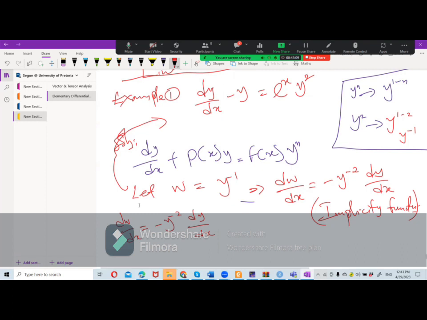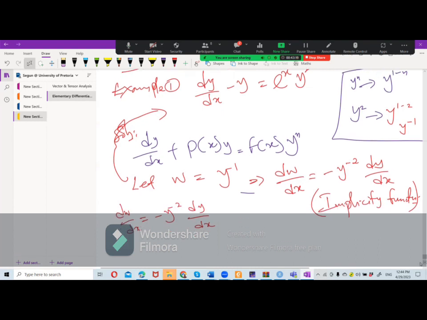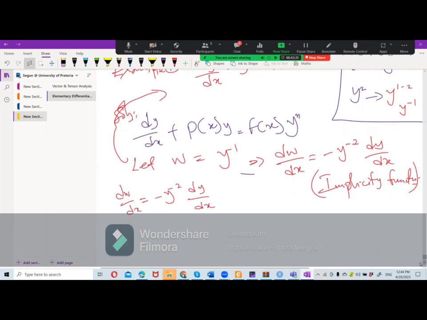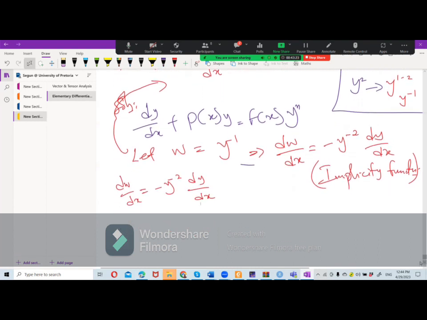So what is dy dx? How do we make dy dx the subject of the formula in this case? Who can tell us? How do we make it? Make dy dx the subject of the formula. Anybody? What do you have?